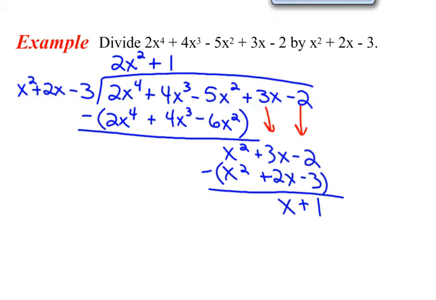If we wanted to write our answer out with the remainder, we would write it as 2x squared plus 1, and then we would put the remainder over x squared plus 2x minus 3.